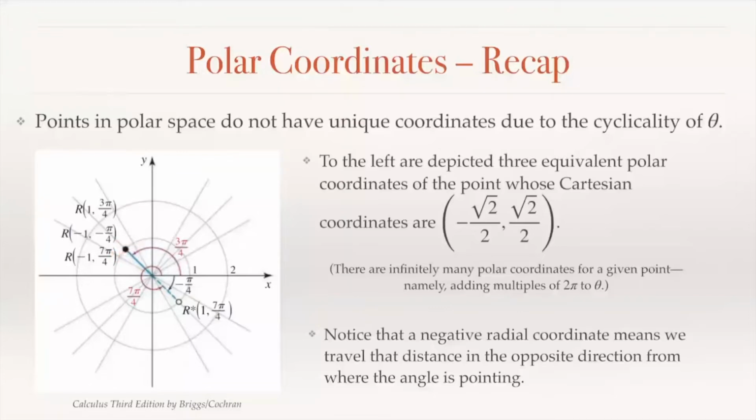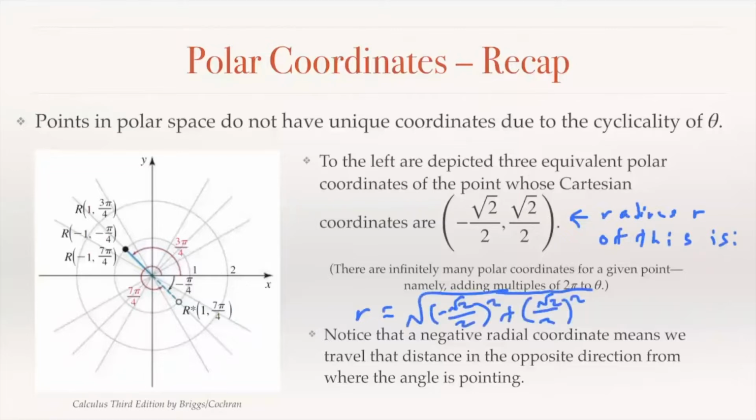In polar coordinates, we can express that point in a number of ways, one of which would be 1 comma 3 pi over 4, because the radius r is the square root of the sum of the squares of the x and y components by trigonometry, and that is 1. So it's 1 away from the origin, and the angle it makes is 3 pi over 4.